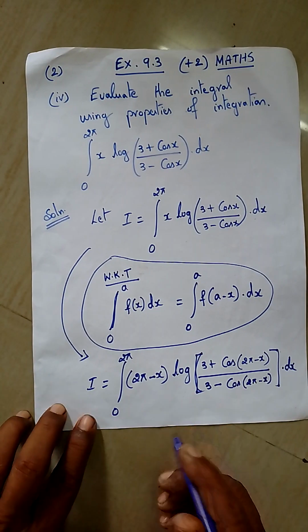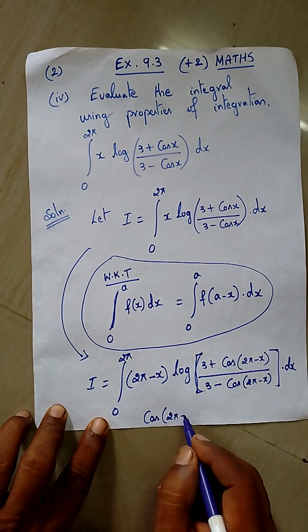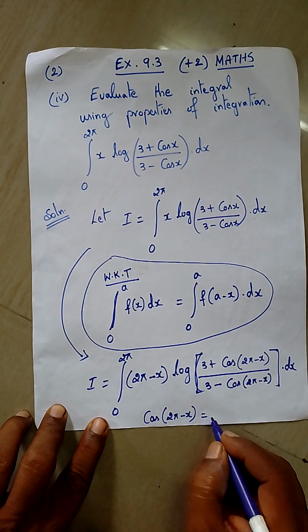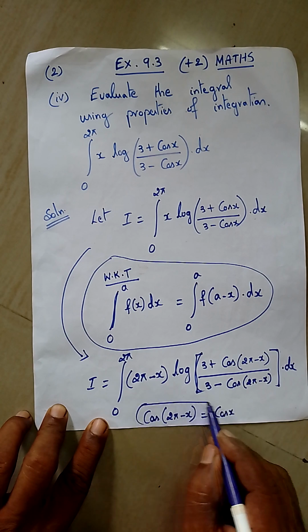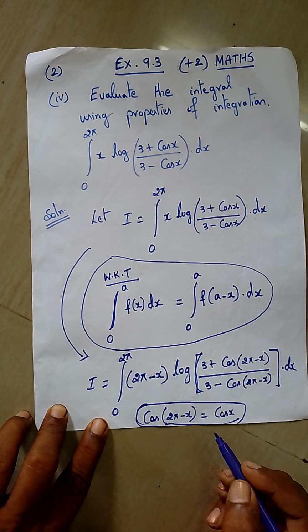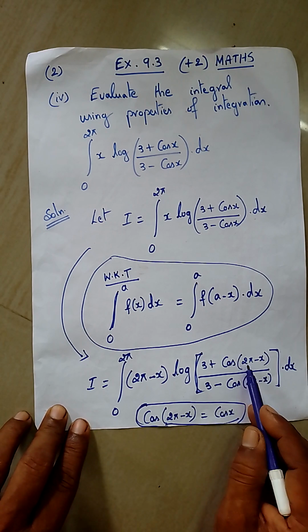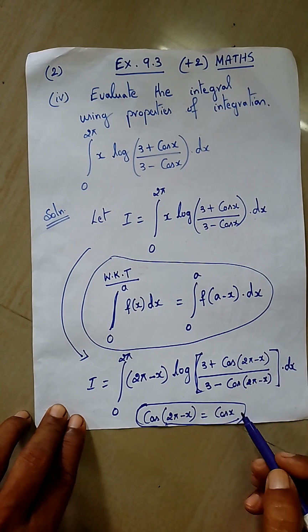Also we know that cos(2π − x) is equal to cos x. This we already know. Therefore, in the place of cos(2π − x), it will be replaced by cos x.